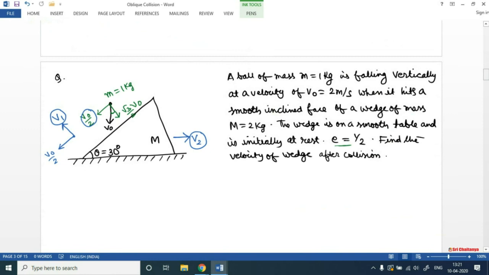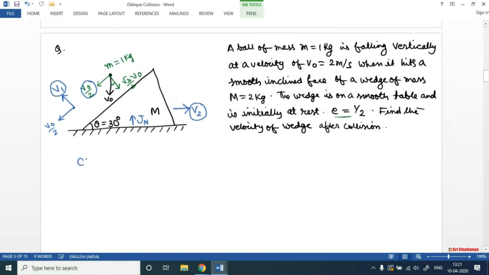During the collision, this wedge is constrained to move only along the horizontal direction, so the normal is impulsive. There is an external impulsive force on this system in the vertical direction, so we cannot conserve linear momentum along the vertical direction. But we can conserve the linear momentum of the system along the horizontal direction, and that is what we will be doing here.